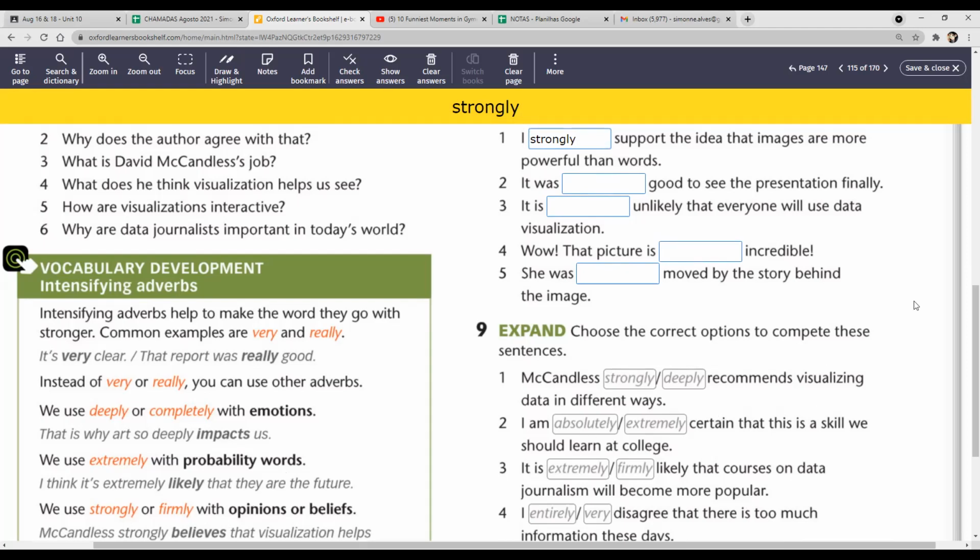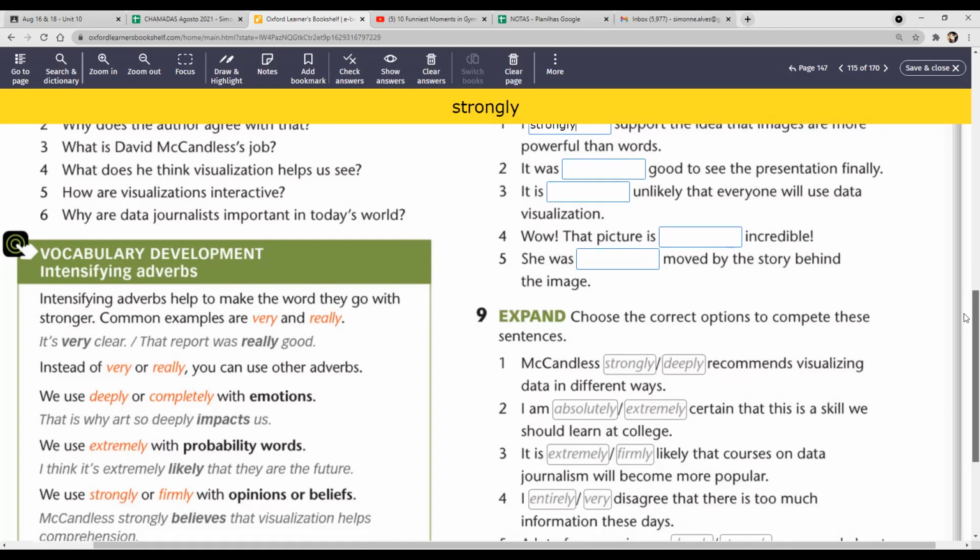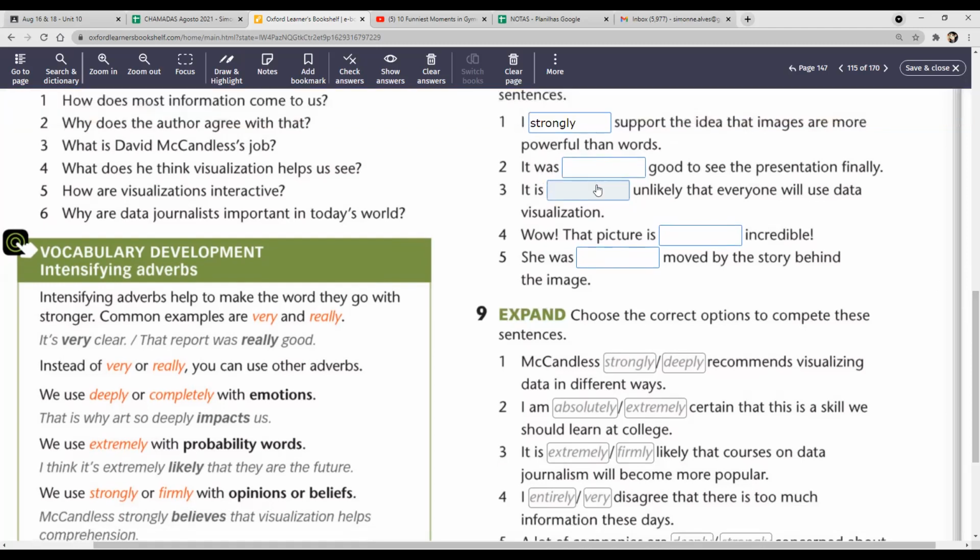Okay, good. Now, let's try to do the others, guys. I'll give you 1 minute to do numbers 2, 3, 4, and 5. Okay, try to use the same idea. See the meaning of the sentence and use the appropriate intensifier. Okay, you can begin.